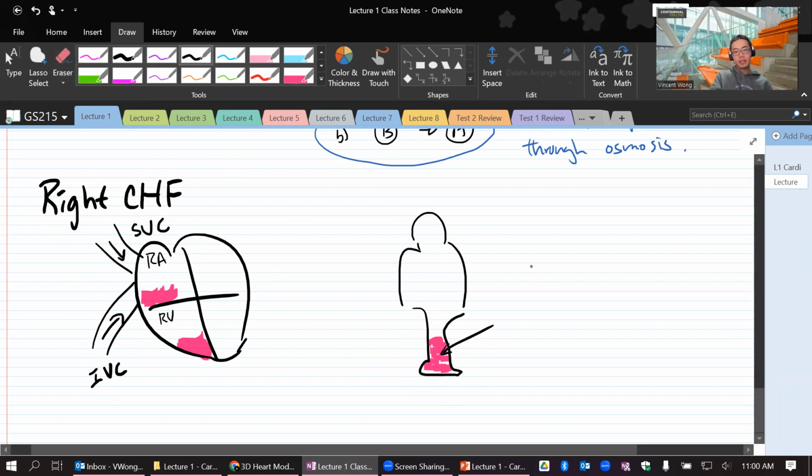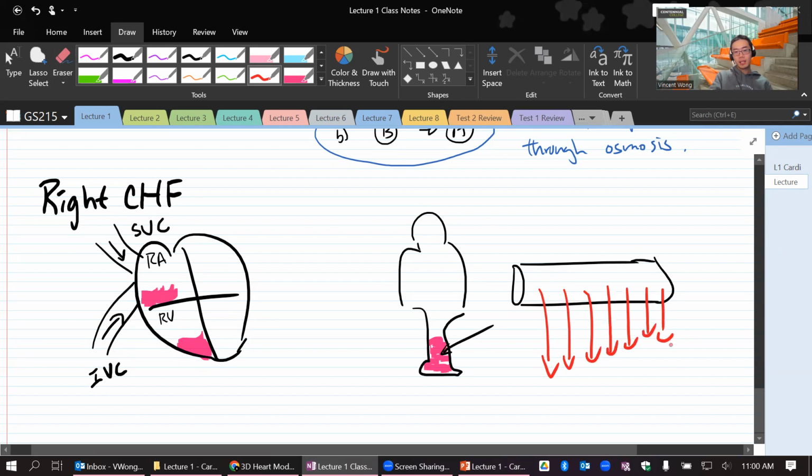And if you zoom in to the blood vessels in the leg, that extra bit of blood will actually cause an increase in blood pressure, which will push more fluid out. So you will have increased fluid loss.